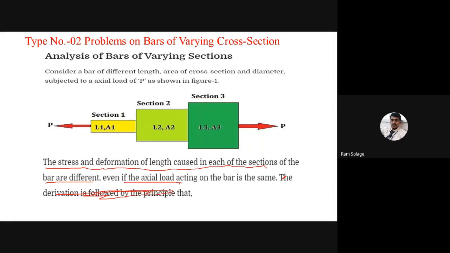Consider we have drawn one diagram: section 1, section 2, section 3, showing L1, A1, L2, A2, L3, A3. The applied axial force P is common for all sections. Even though the force is common, stress, strain, and elongation for each section should be different.